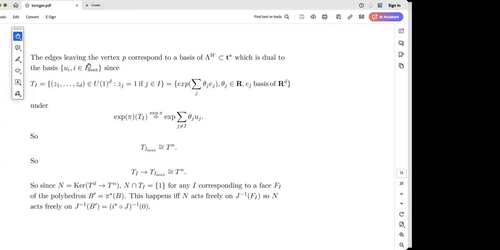The edges leaving the vertex P correspond to a basis of the weight lattice, which is dual to the basis u sub I, because T sub I is the set where z sub j is equal to 1 if j is in the indexing set I. So this is the image under the exponential map of theta sub j of E sub j, where theta sub j is in the real numbers and E sub j is a basis for Rd.